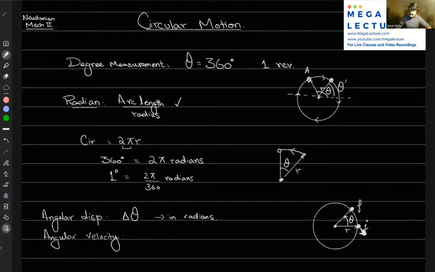So how the angular displacement changes with time is the angular velocity. You can define it as the change in angular displacement divided by the time that it takes to cause this change in the angular displacement. This is represented with omega. Angular velocity is denoted using omega.